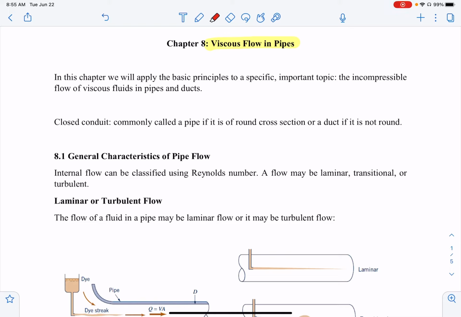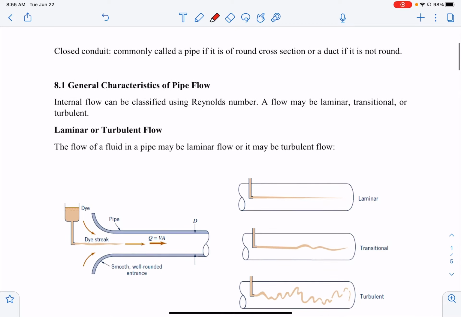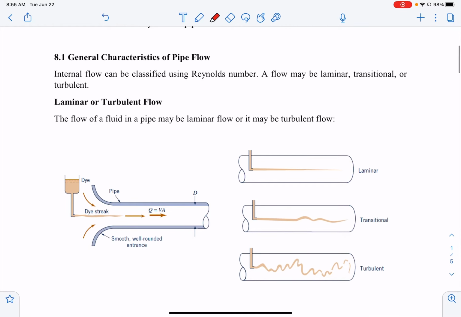So in this chapter, we are applying the basic principles that we just learned in the previous chapters. So let's go through the characteristics of pipe flow.